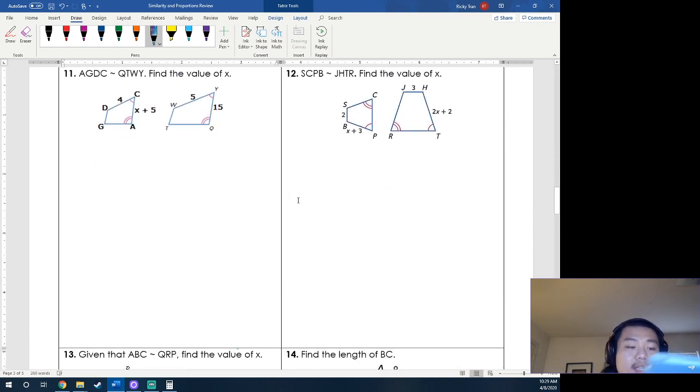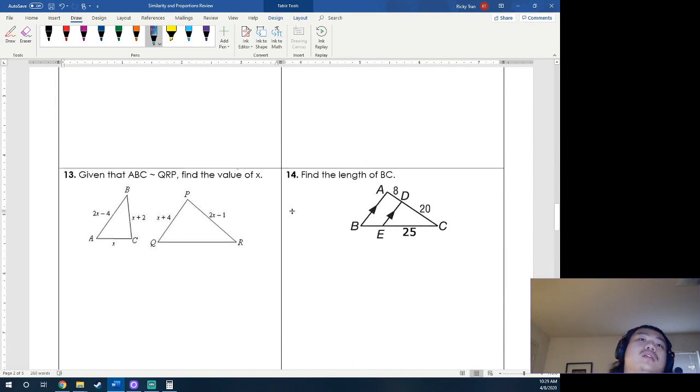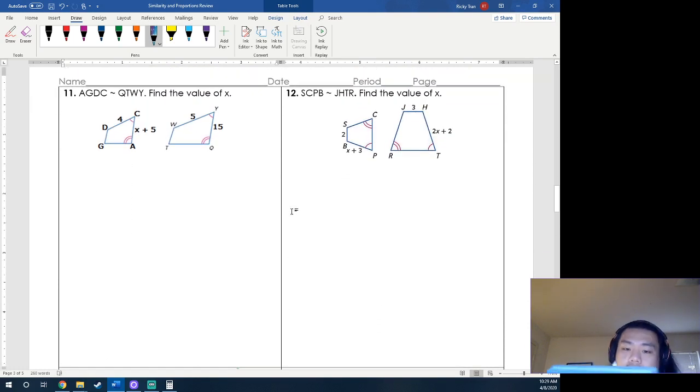So in this case, it's similar to what we did above, except now you have to know how to set it up. Again, we're comparing horizontal and vertical relationships. Remember, it has to be from the same shape or its corresponding side, like how 4 and 5 correspond to each other, and x plus 5 and 15 correspond to each other.